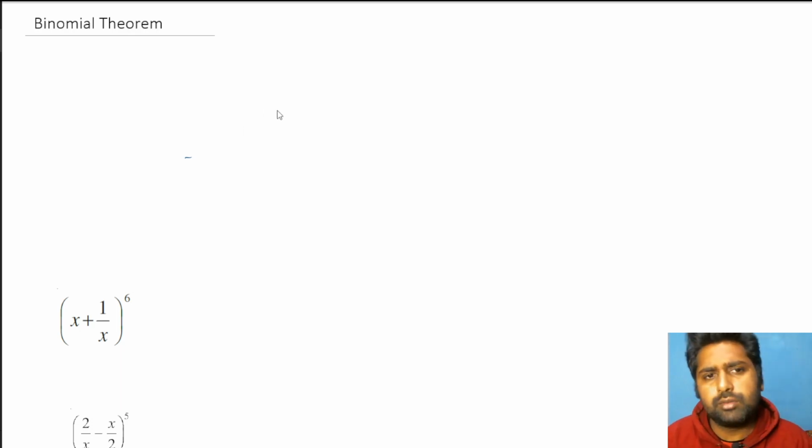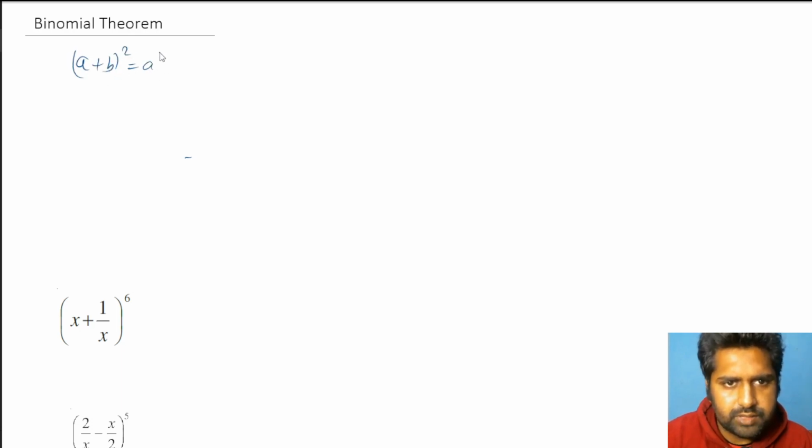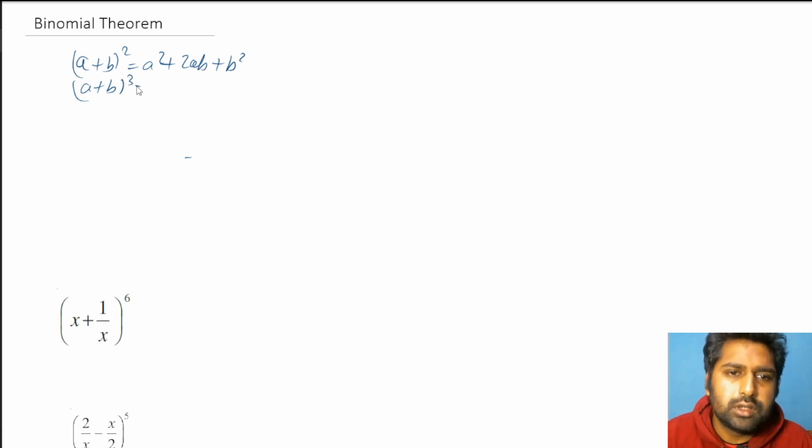So basically binomial theorem deals with the expansion of higher powers. You must have studied (a + b) whole square, a square plus 2ab plus b square, and you must have studied (a + b) whole cube also. What if you are given something more than (a + b) whole cube, or suppose they give you (a + b) raised to power 5, (a + b) raised to power 7?